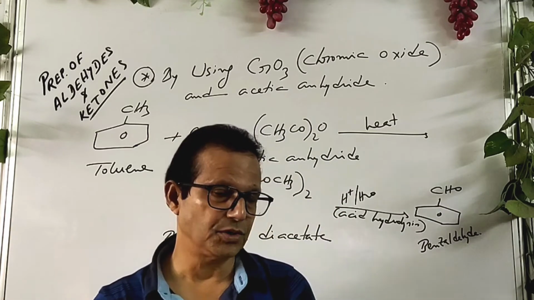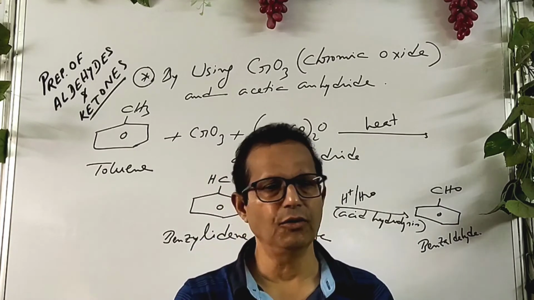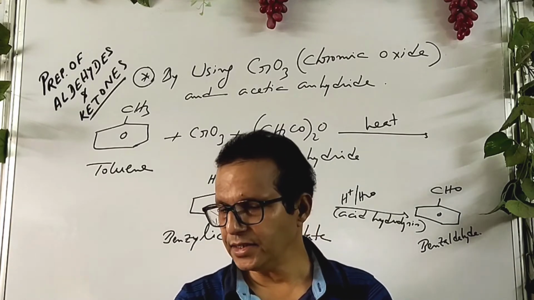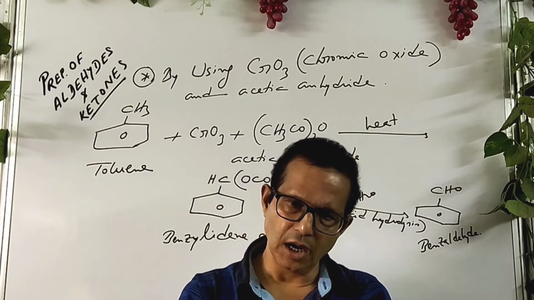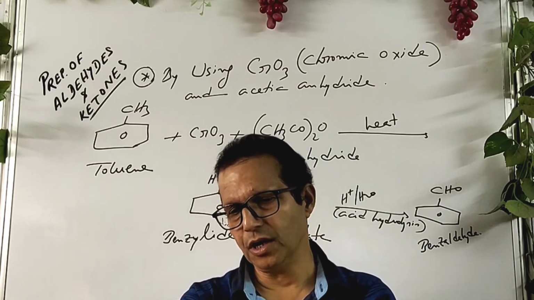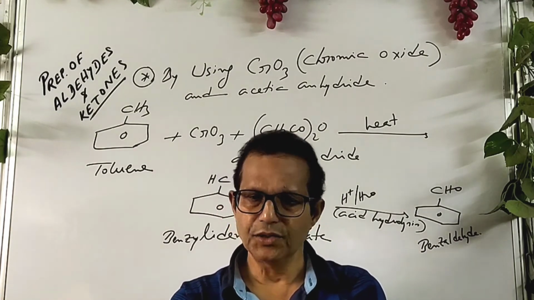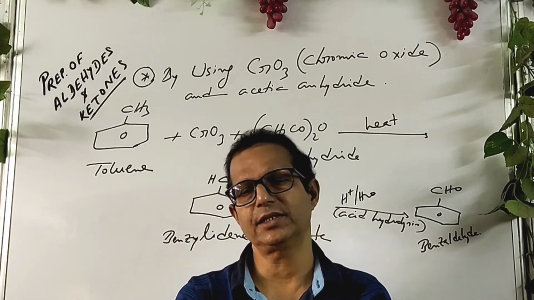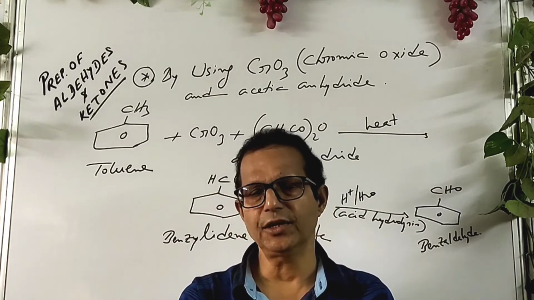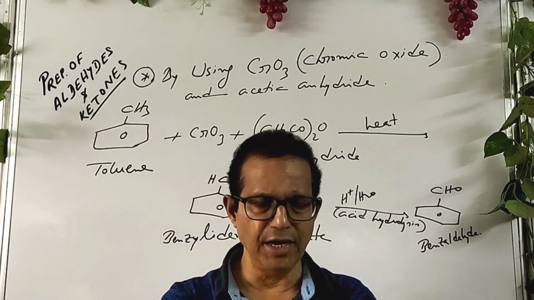But if you use a little bit excess chlorine and bright sunlight, two hydrogen atoms are replaced. If you use 3 molecules of chlorine, that is more excess, then 3 hydrogen atoms are replaced. So these are the substitution reactions, you know that.